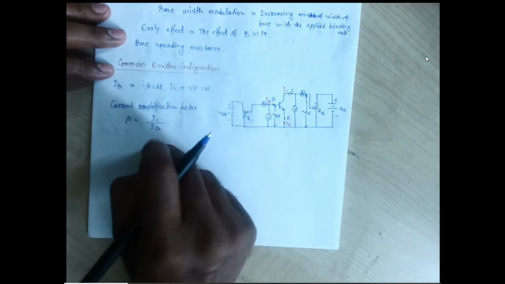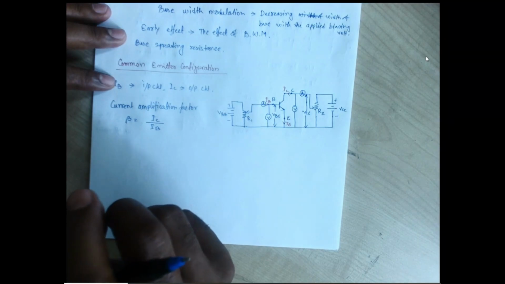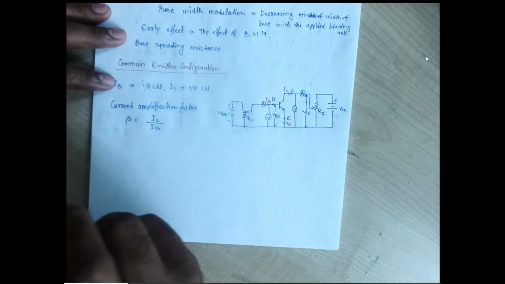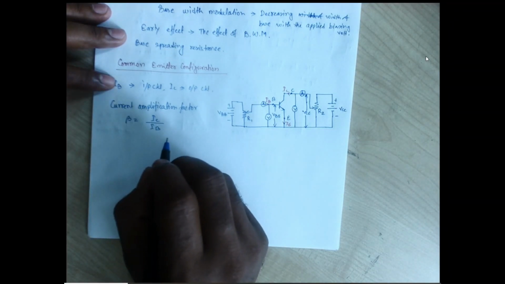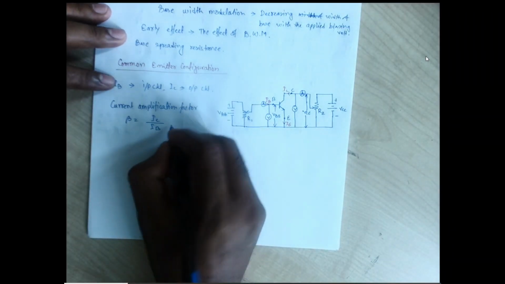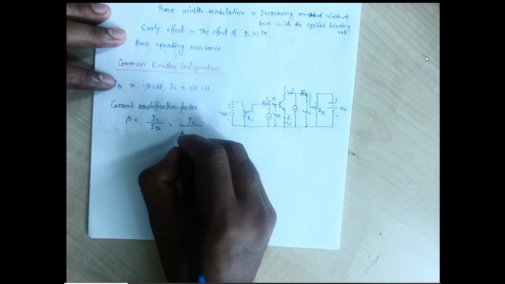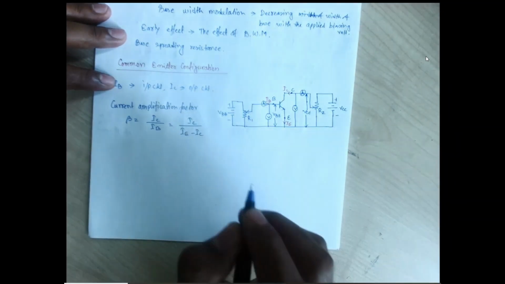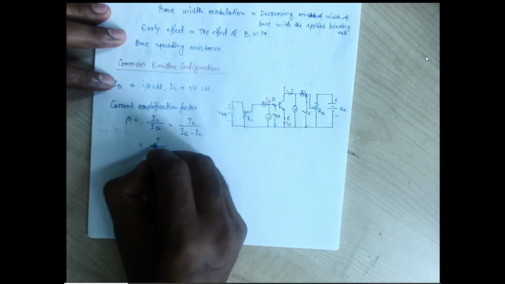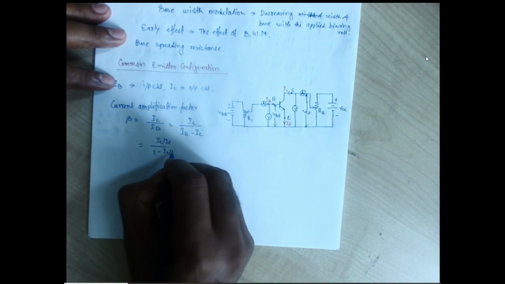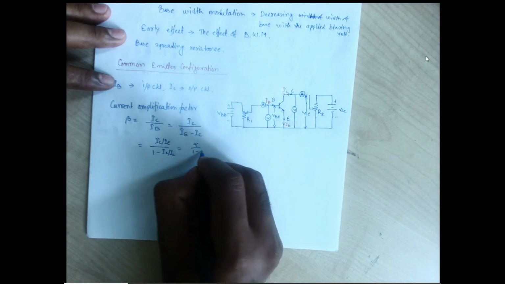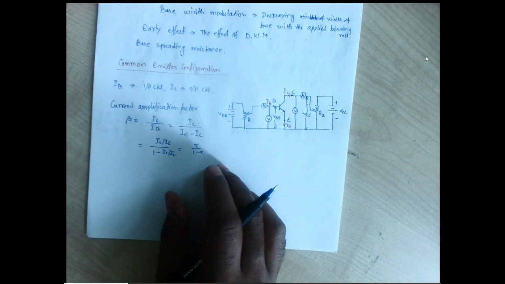Now we can change this with respect to alpha to find a relation between alpha and beta. Alpha was the current amplification factor for the CB configuration, that was IC by IE. If we write IB with respect to the total current, that will be IE minus IC. So by taking certain manipulation, IC by IE over 1 minus IC by IE, that is alpha by 1 minus alpha, that is the relation between beta and alpha.